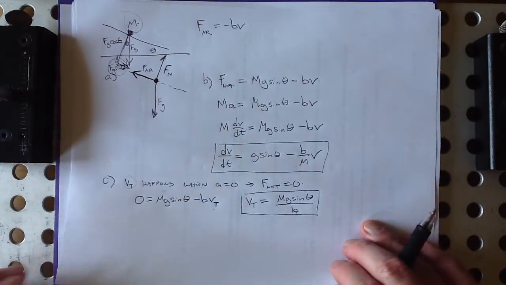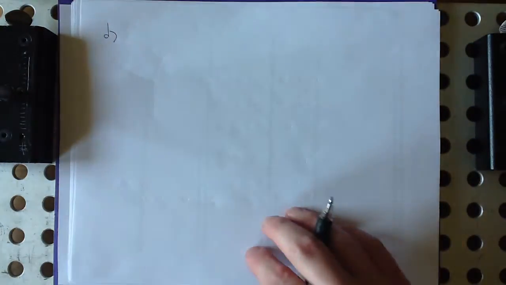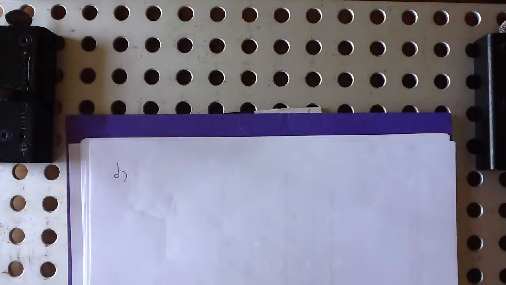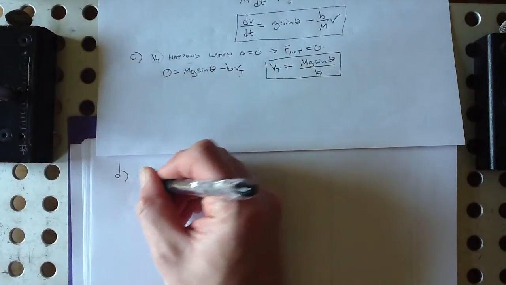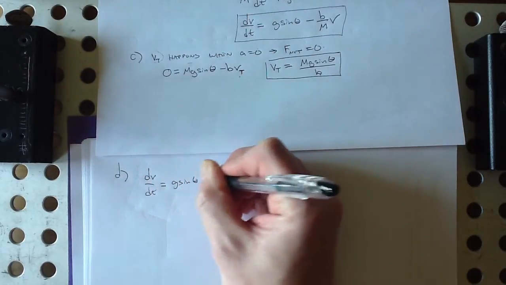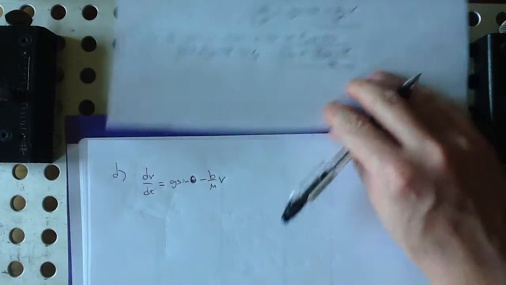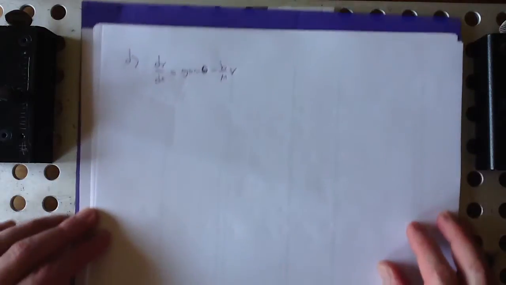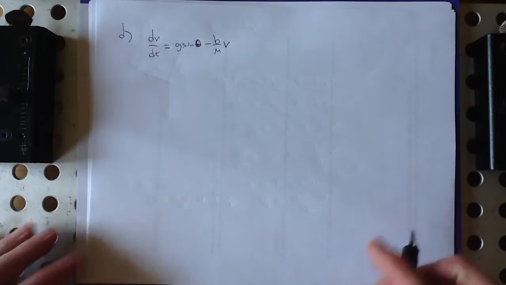And now, part D, we're supposed to solve the differential equation from part B. So I'm going to go ahead and just copy that down again. dv/dt is equal to g sine theta minus b over M times v. And we've done this before, so we know the direction this is going to go in. It's going to be some kind of exponential decay. So let's see.